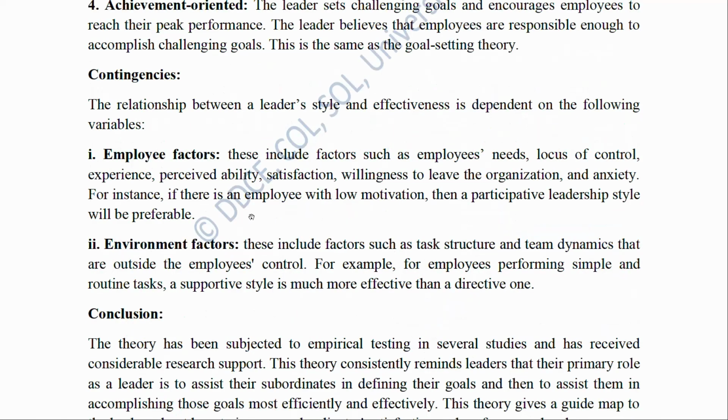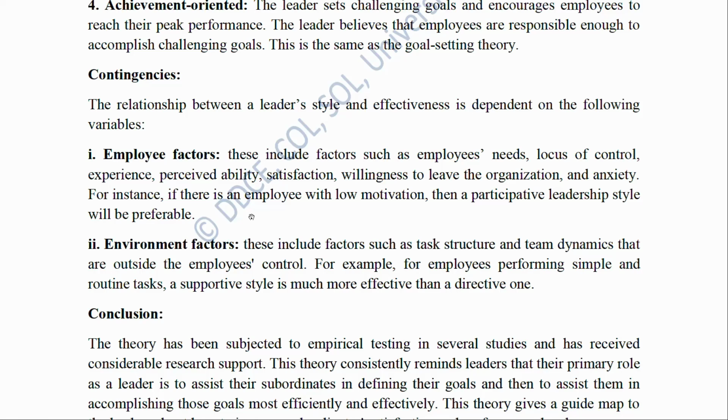Contingencies. The relationship between a leader's style and effectiveness is dependent on the following variables. Number 1. Employee factors. These include factors such as employees' needs, locus of control, experience, perceived ability, satisfaction, willingness to leave the organization, and anxiety.